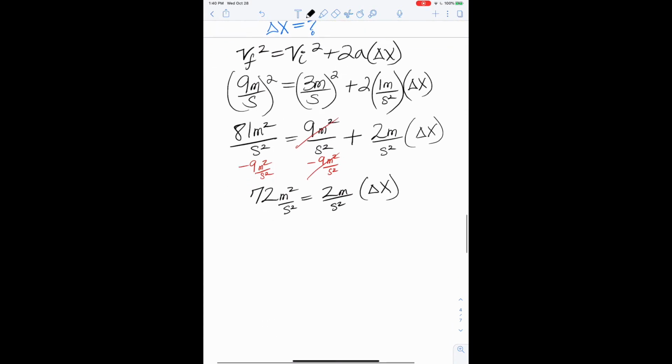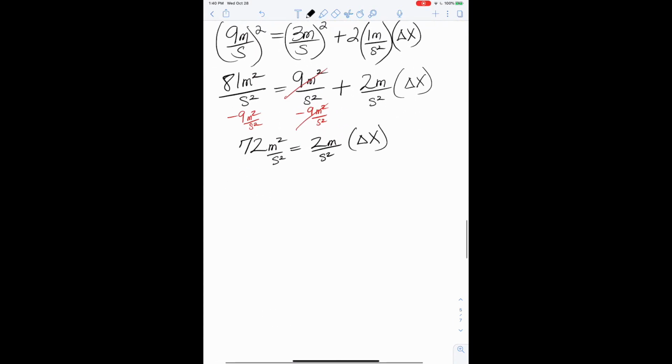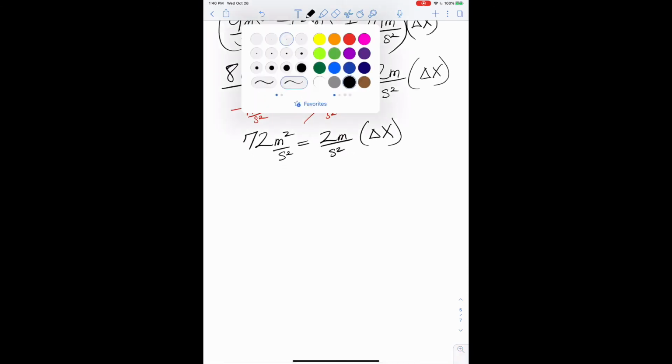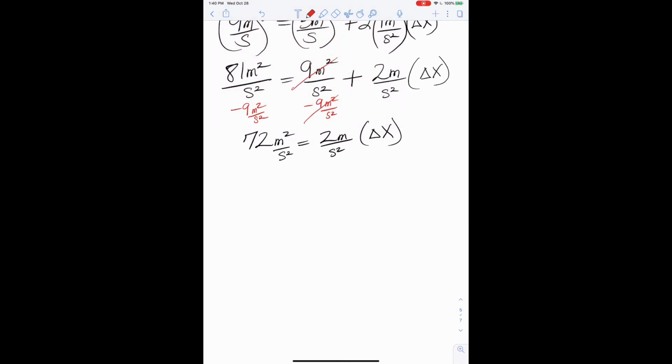And now I can just divide both sides by 2 meters per second squared. So we have a fraction in the bottom of the fraction, and I'm going to have to show you what that looks like.